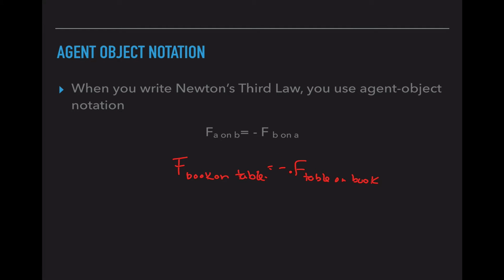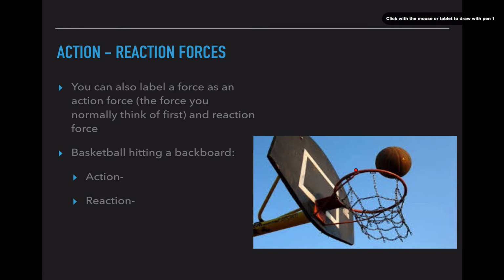So that opposite, or that negative sign, essentially just says that it's in the opposite direction. If the force of the book is pushing downwards on the table, the table is pushing upwards on the book. So equal and opposite.